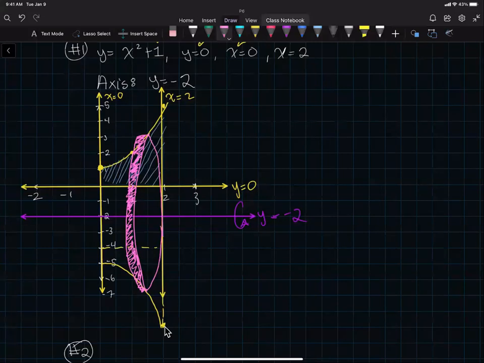Let's try to find the radius for that. If you remember, the radius is from the axis of rotation to the function. So that's going to be this, from the axis of rotation to the function, and we're going to call that capital R.